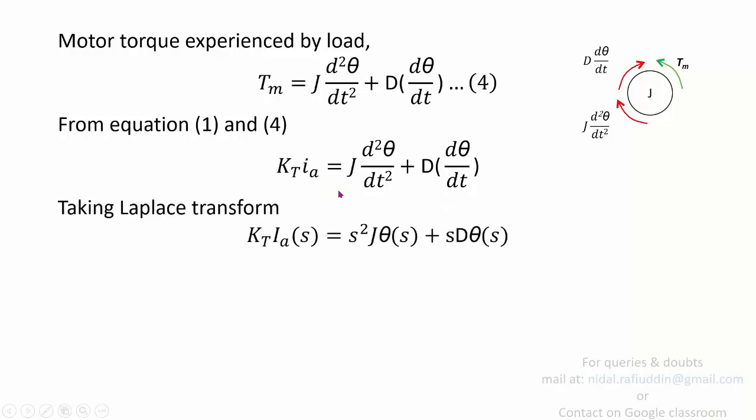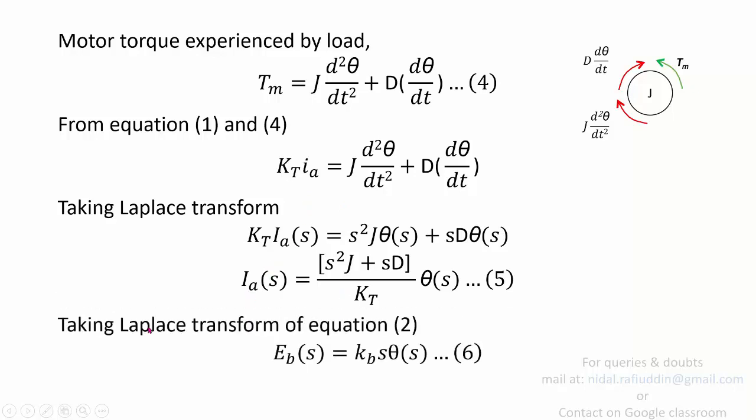Taking the Laplace transform of this equation, we get KTIA function of S. Since IA was a function of t and theta is a function of t, now we obtain variables as functions of S. So KTIA(S) is equal to S square from the double derivative and S from the one derivative. So this is the Laplace transform of this equation. This can further be simplified to write in terms of IA as this.